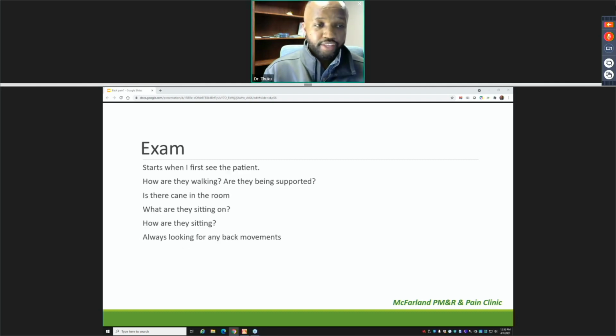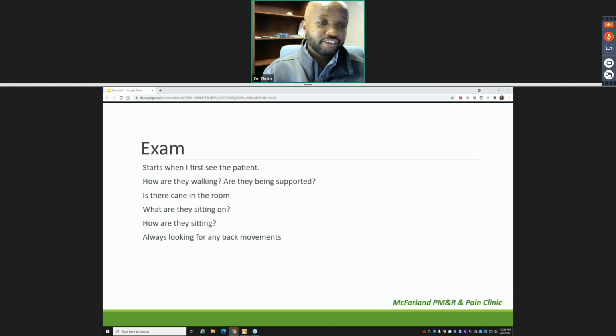Then going into the exam, this goes back to what I mentioned about my nonverbal evaluation. Sometimes I actually wait to see the patient leave the room to see how they're walking. And it starts the first time that I see them when they're coming in. Are they being supported?